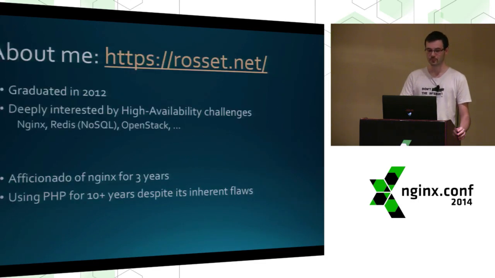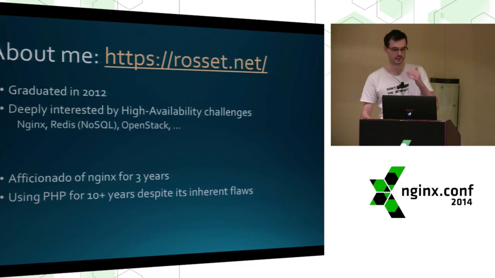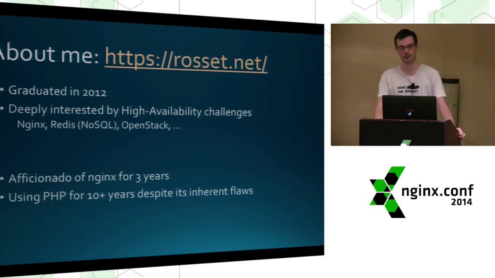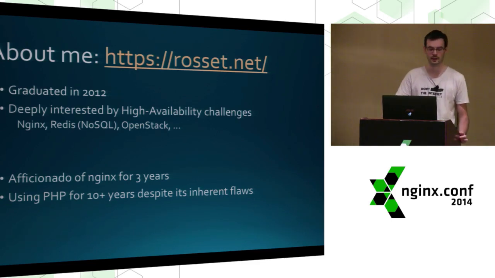A little bit about me before getting started. I'm pretty new in the real world because I graduated 2 years ago. I am deeply interested in high availability challenges, so that's why Nginx is one of my favorite tools to play around with. I'm also a great fan of Redis, and I started to play around with OpenStack, but it's still complicated enough.